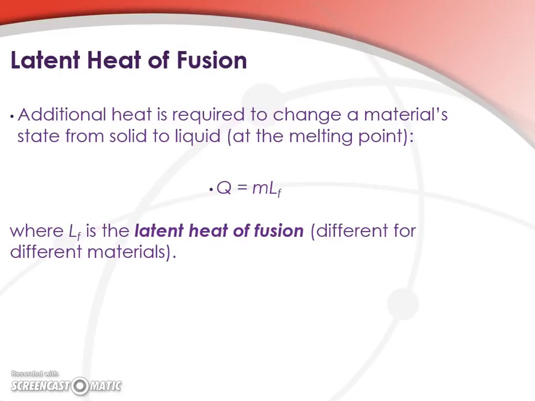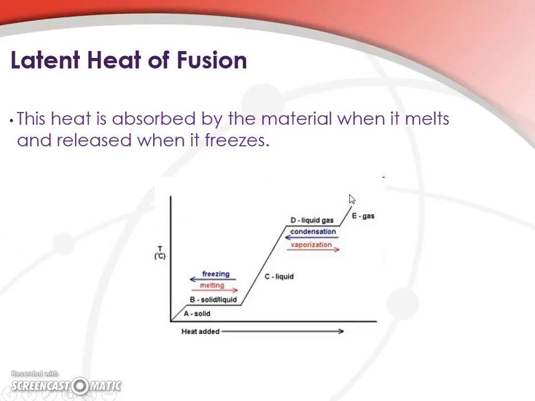So the energy is proportional again to the mass and to a constant, not unlike that c, heat capacity, but this is the latent heat of fusion. That latent heat of fusion defines how much energy we're going to have to put in order to melt something, and how much energy we can get back if it freezes.